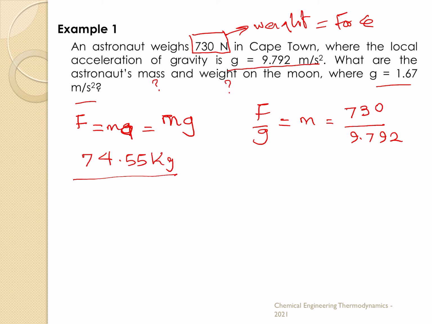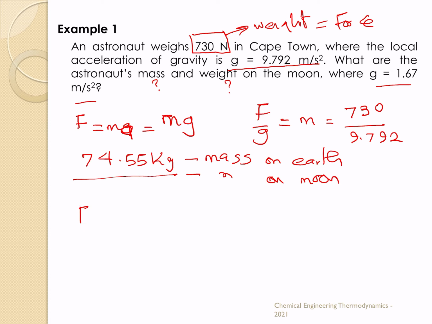So having noted that, let's now go back to our formula. What would be the weight on the moon? We've said the mass of the astronaut on Earth is the same as the mass of the astronaut on the moon. That doesn't change. The only thing that will change will be weight.